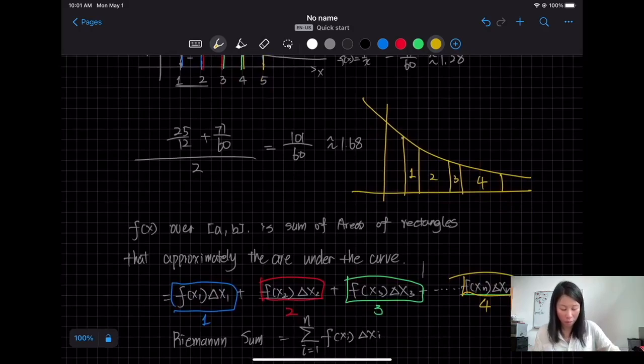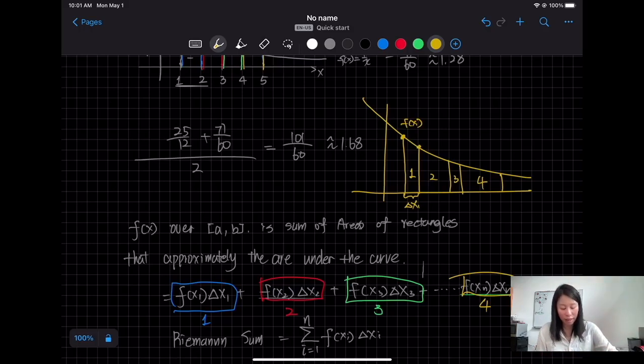But remember, say this is f of x1 if it's a left-hand method, and the difference between x1 and x2 would be delta x1. So for the left-hand method, this is going to be f of x1 times delta x1. That is the length times the width.